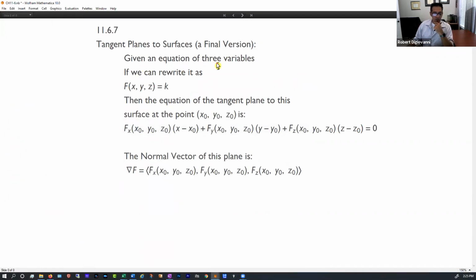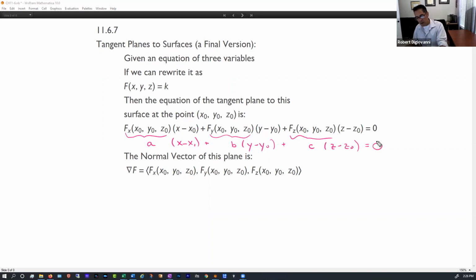So given an equation of 3 variables, if we can rewrite it as capital F of x, y, z equals a constant, then the equation of the tangent plane to this surface at some point is this. Now I know that looks ugly, but this all here is like the a in front of x minus x naught, all of this here is like the b times y minus y naught, and all of this right here is like the c in front of z minus z naught.